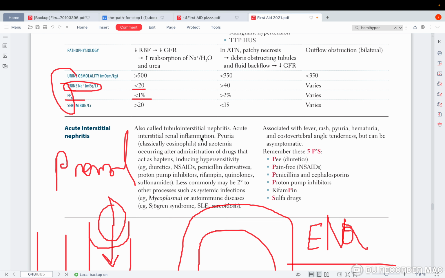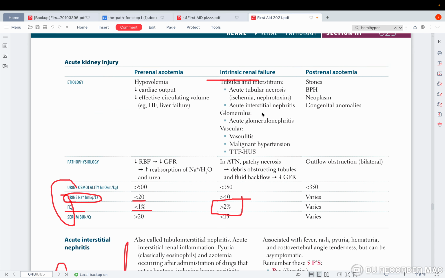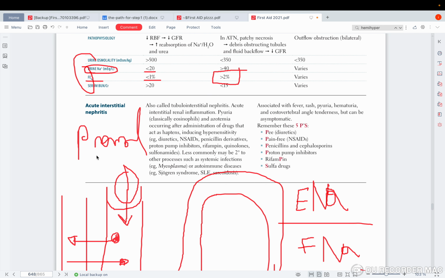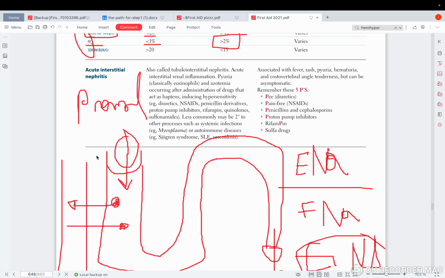So when the FeNA is less than 1%, I'm telling you that the pathology is before the tubules. The USMLE is telling you, when it gives you the FeNA less than 1%, that the pathology is not in the tubule. The tubules are intact. While in intrinsic kidney disease, the problem is in the tubule. So, will you be able to reabsorb normally or not?